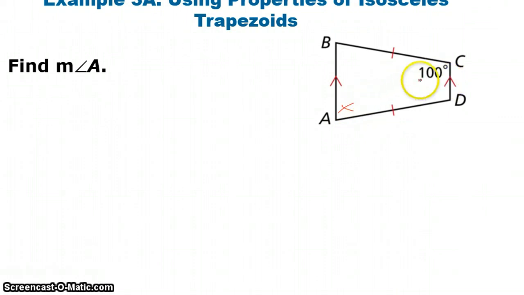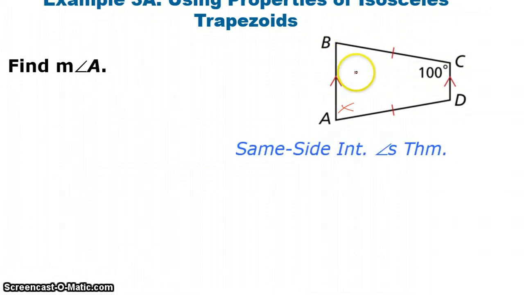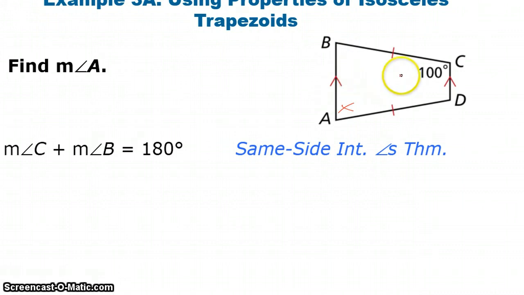Well, we know that if we have two parallel lines and a transversal, we're going to use our consecutive angles theorem, and we know that they will be supplementary. So we're going to write out an equation. So we know that the measure of angle C plus angle B will give us our 180.